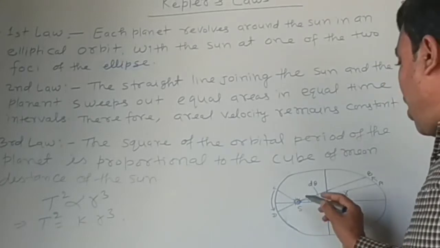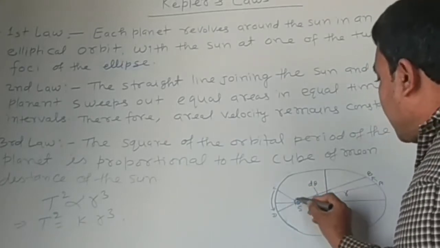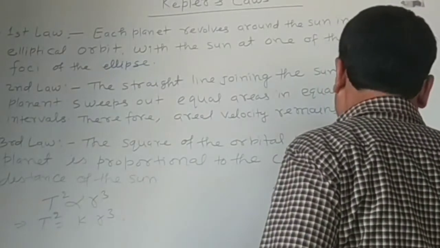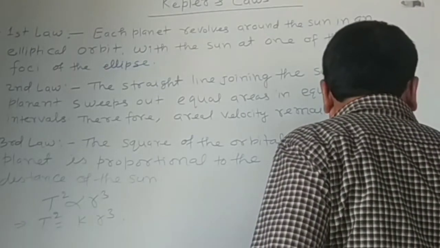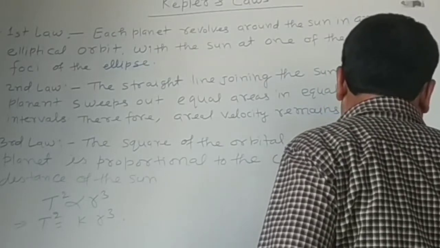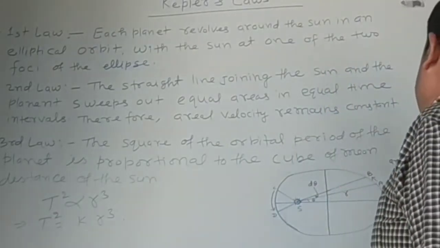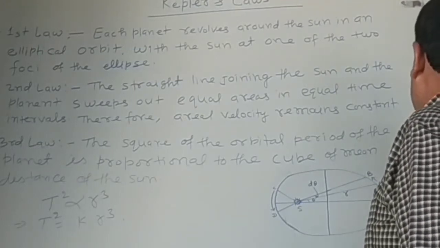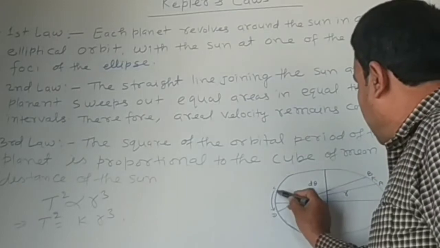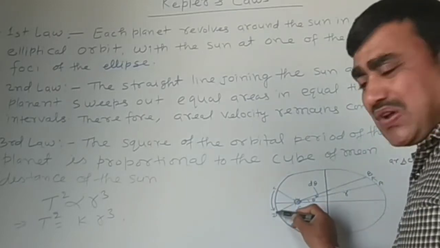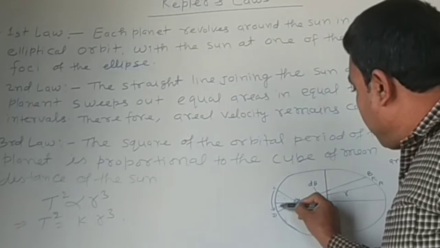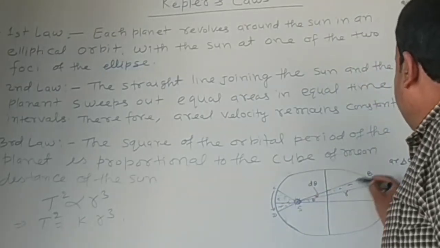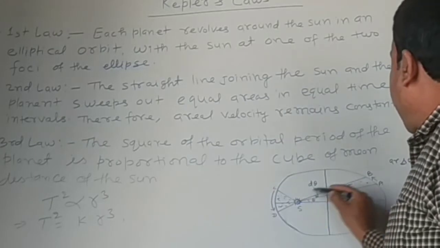Area of triangle CSD is always equal to area of triangle ASB. Okay, this area is always equal to this area.